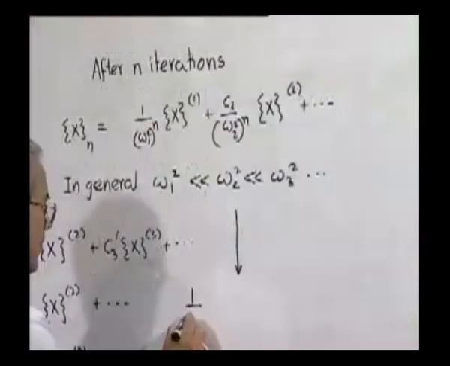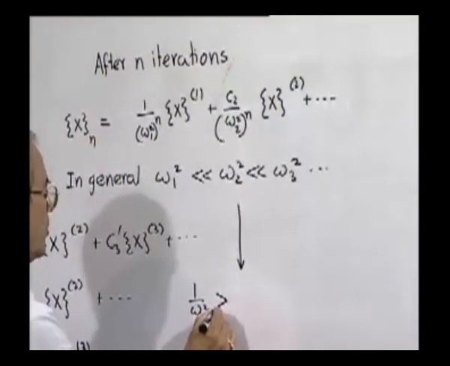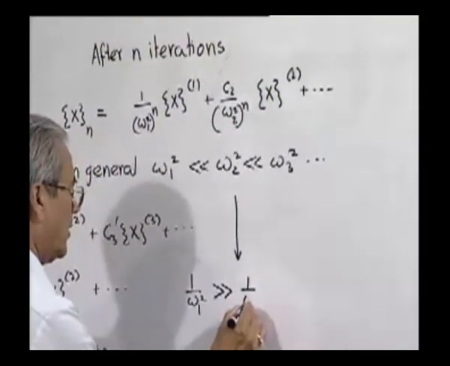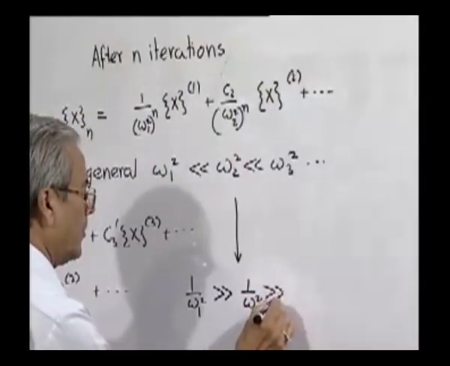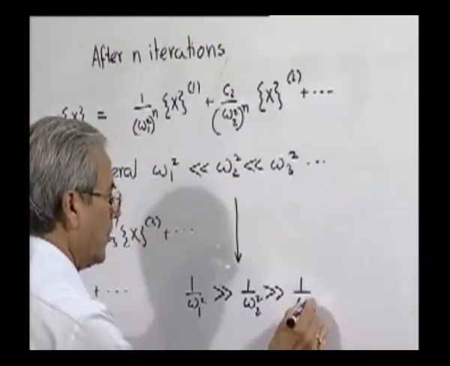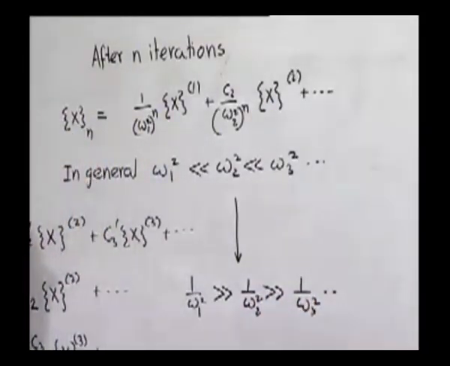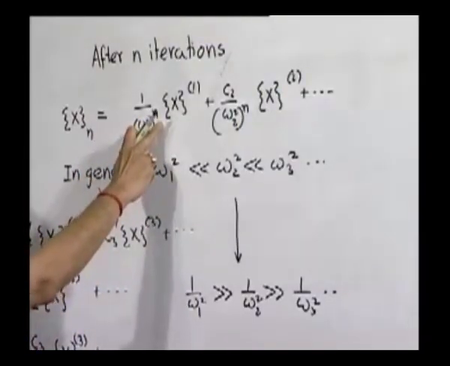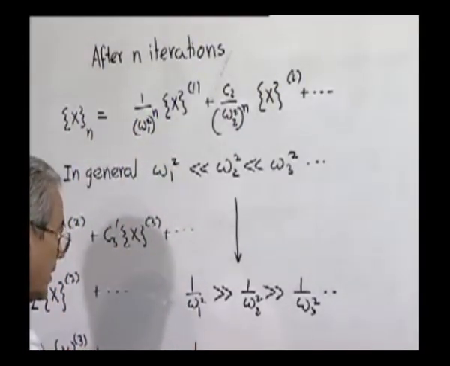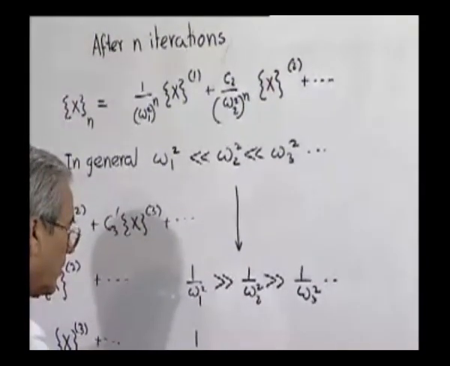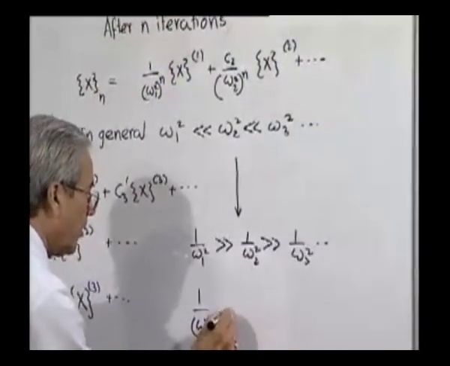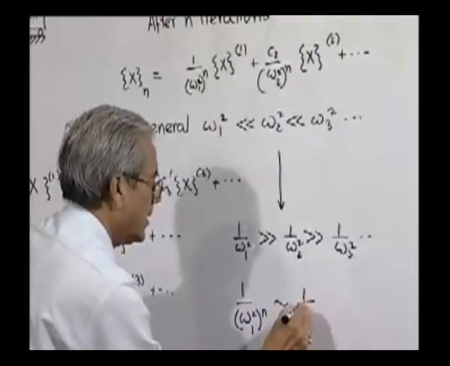That 1 by omega 1 square is more than 1 by omega 2 square. So, when we raise these things to the power n, and n is sufficiently large, then you will find the first term dominates and the rest are almost approximately equal to zero.